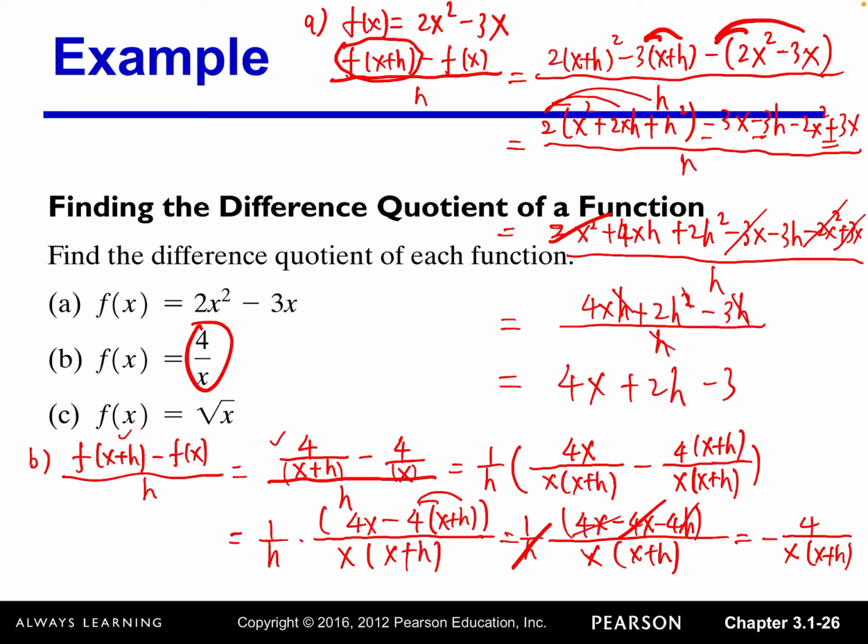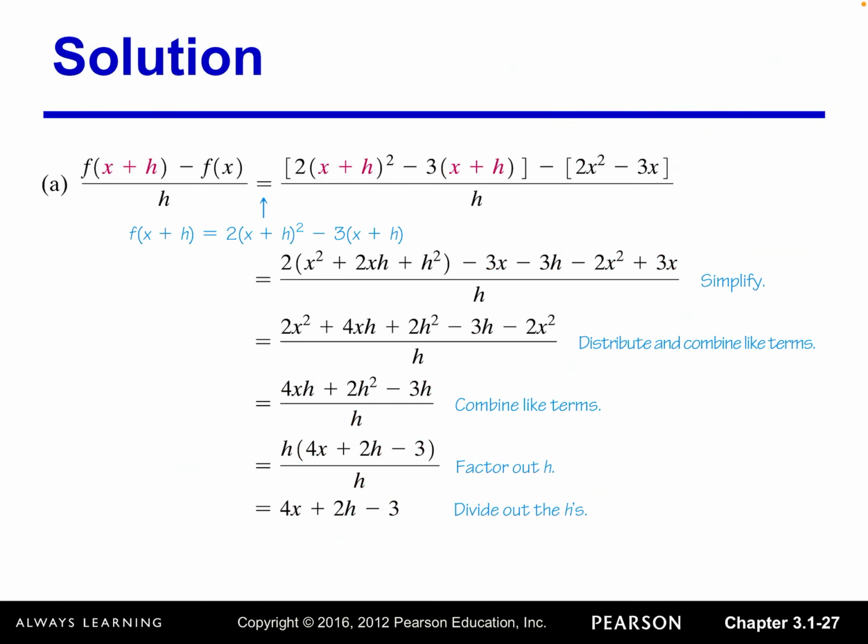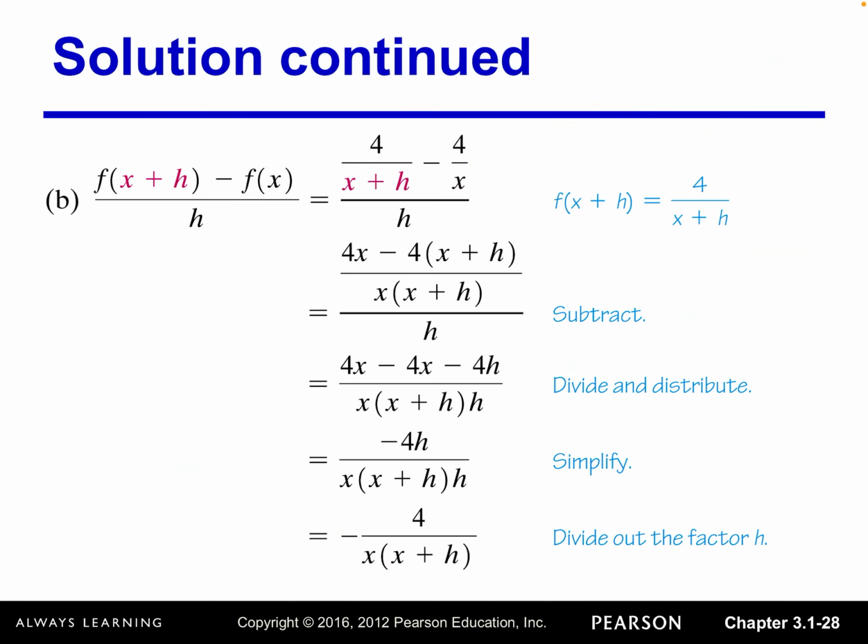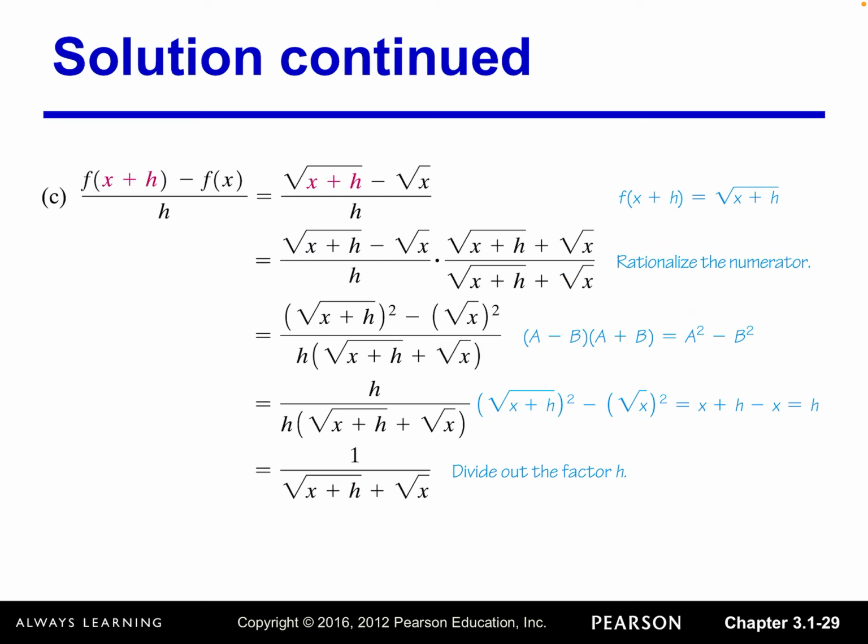C part, I don't have a space in this page, so let me move to the next one. Yeah, this is actually how the book do it. Okay, I'm gonna show you the process also. We want to evaluate f of x plus h minus f of x divided by h, right?